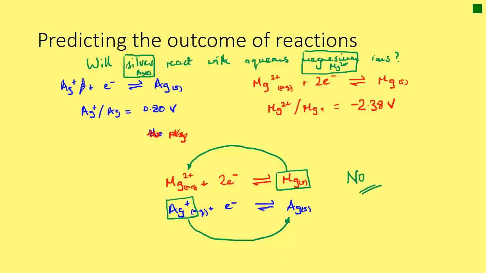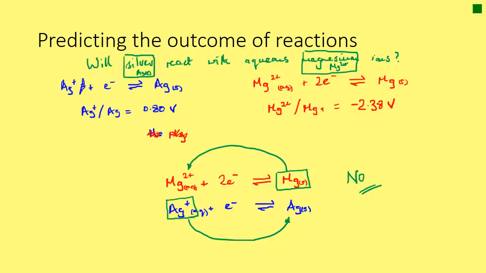First of all, silver. If we look at an electrochemical series, we've got Ag plus. Let's write it down as a half equation: Ag plus 1 electron in equilibrium with silver metal.